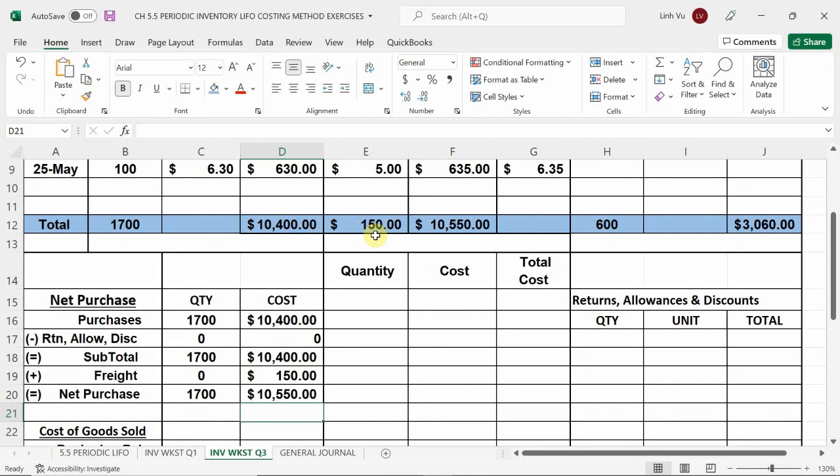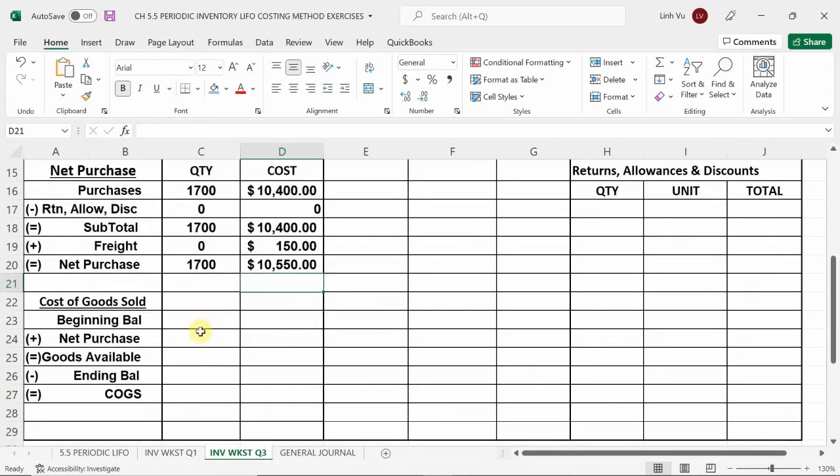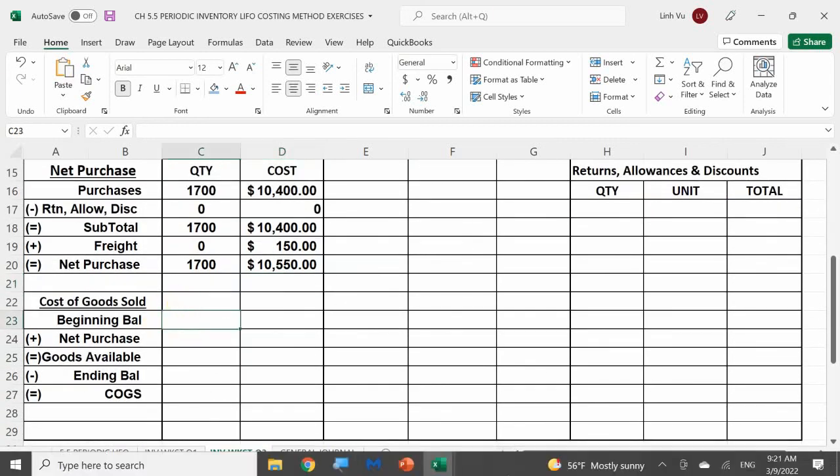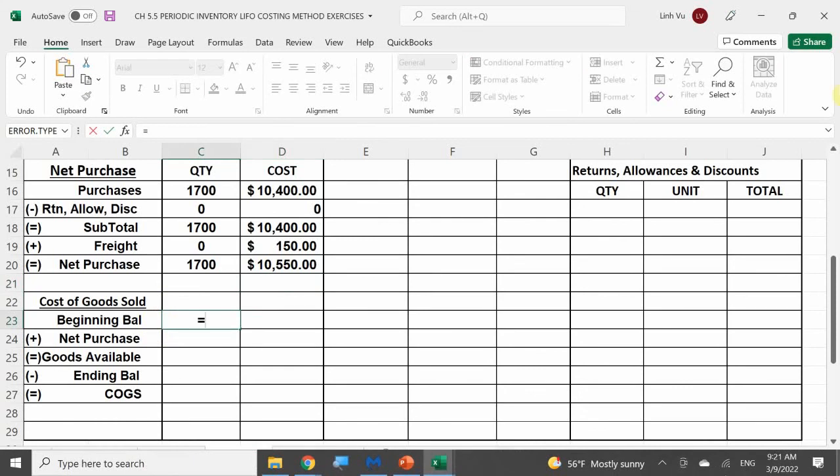We have beginning inventory, right? What was that beginning inventory?